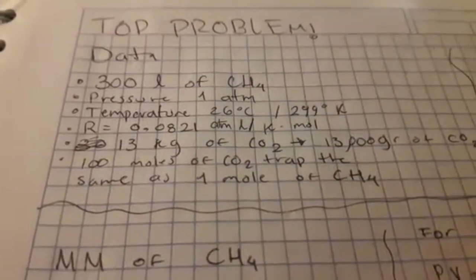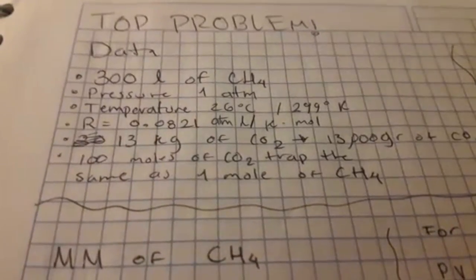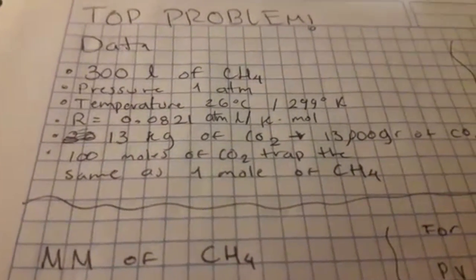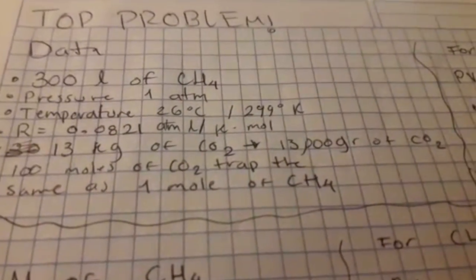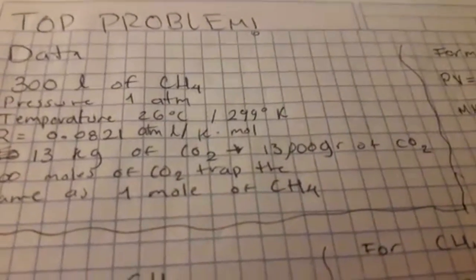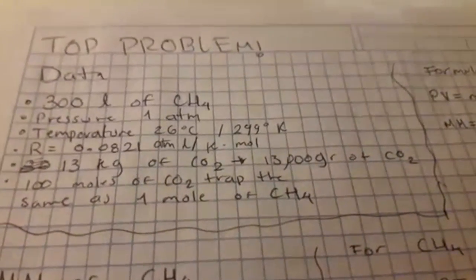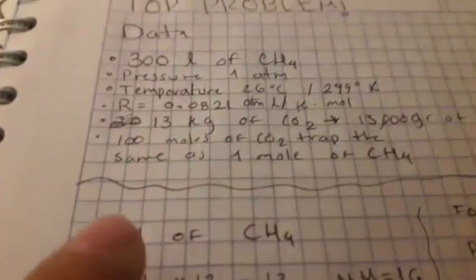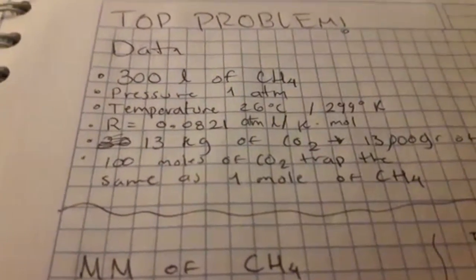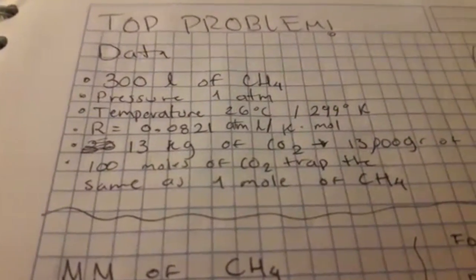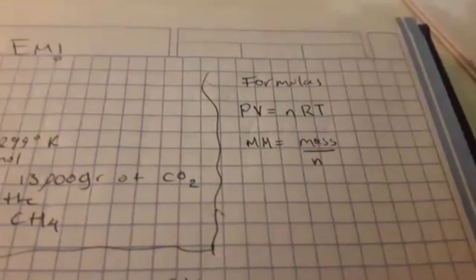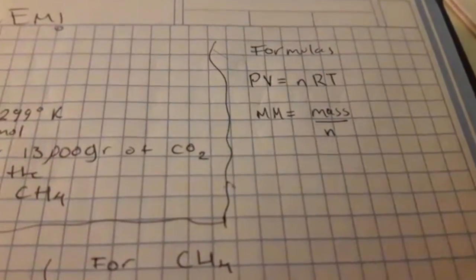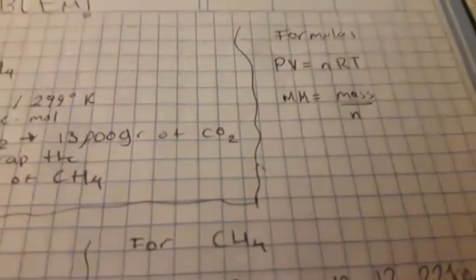We have the R variable, which stands for atm times L divided by Kelvin per mole. 13 kilograms of CO2, which is 13,000 grams of CO2. And also I wrote here that 100 moles of CO2 trap the same as 1 mole of CH4. Then I have my formulas. P times V equals to N times R times T, and molar mass equals to mass divided by N, which is the number of moles.